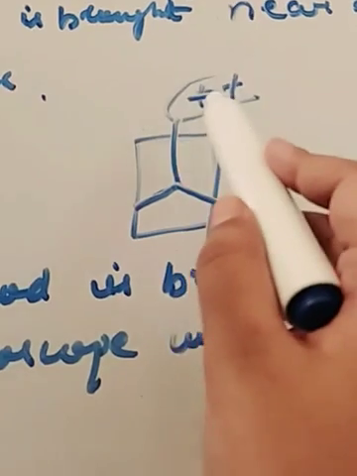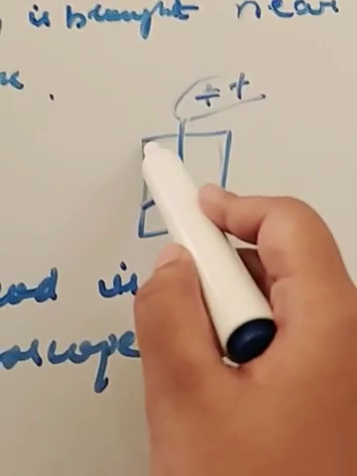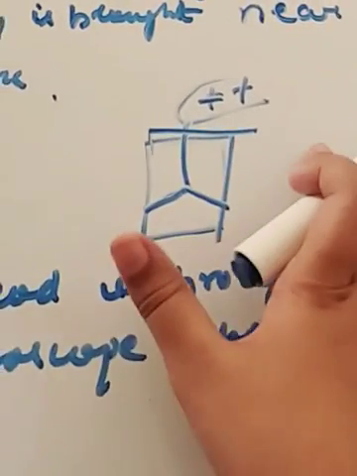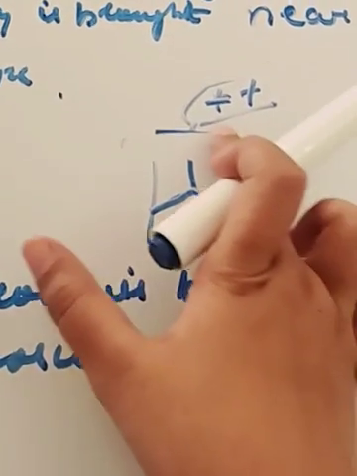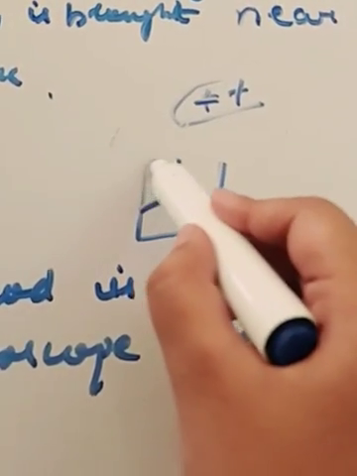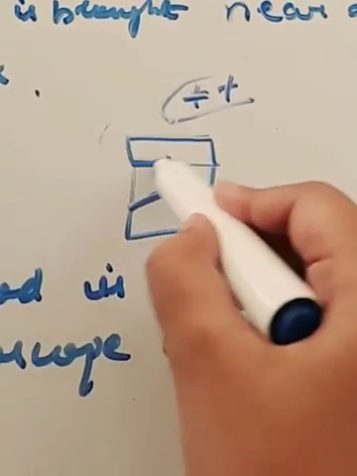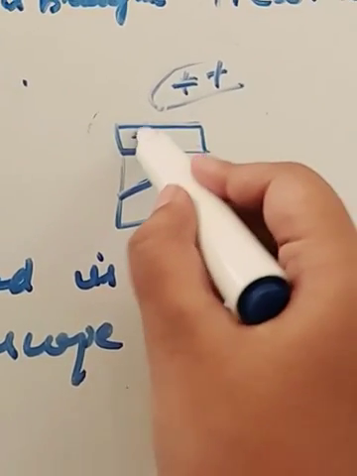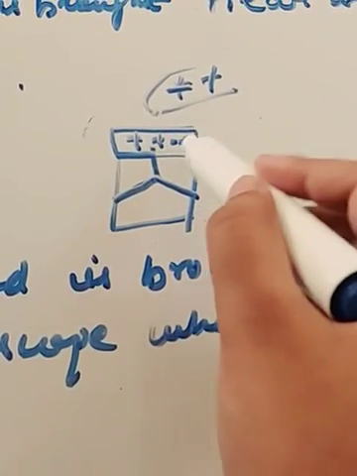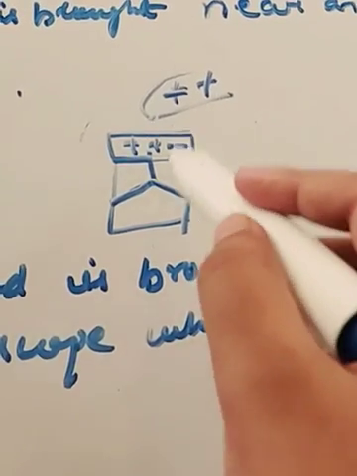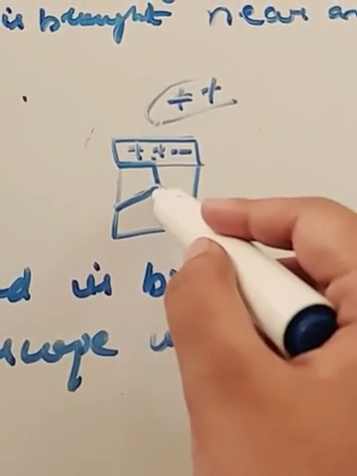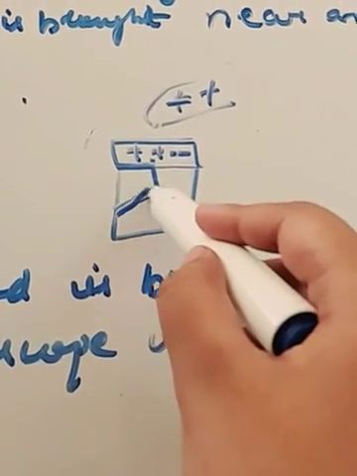Why will it diverge? Because the plate is there. Here there is a plate, with some positive and negative charge, as it was neutral.